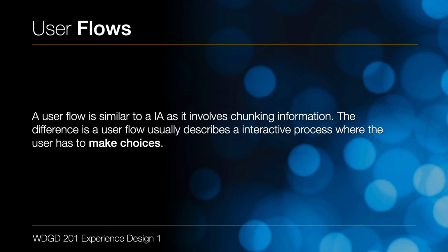Here they indicate actions rather than pages, which I found from past experience in this class is something the students struggle with. An assignment for last year's class was to create a user flow, and I don't think anybody really got this right because it's very abstract and I think it's something you have to do a few times before you can get a sense of how to best represent the user flow, because what you're trying to do is communicate to the person looking at the document what the user flow is.